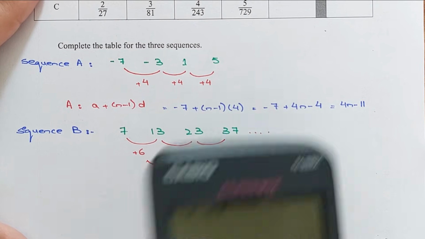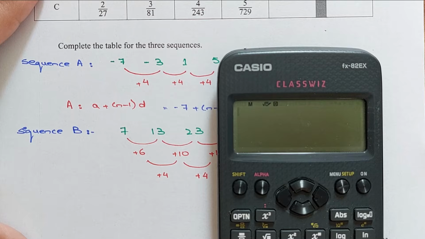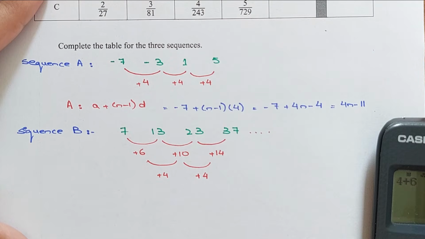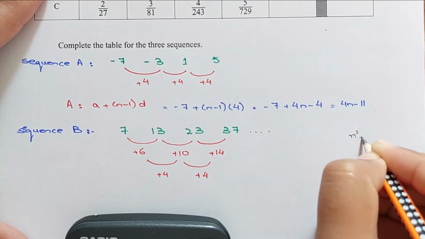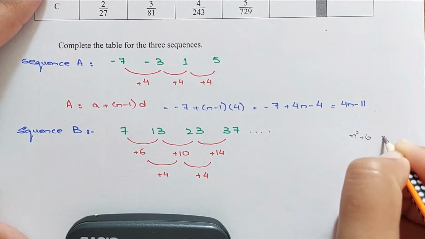But does it apply for the rest of the terms? 2 square would be 4, and 4 plus 6 is 10. It is not 13, so this does not apply. So there is something multiplied with n square. First I multiplied 1 with n square and checked n square plus 6, which does not work.